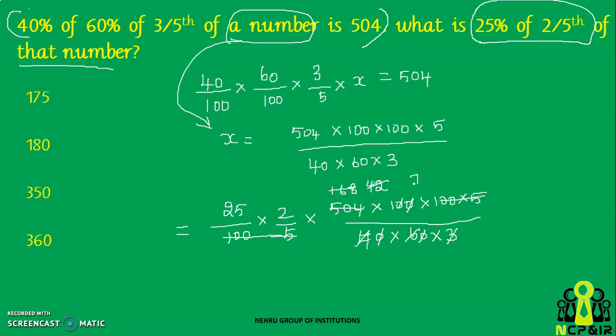This is 7 times. So I think we have eliminated almost everything. So this is 25 into 2 will give me 50, 50 into 7. So these are the remaining numbers: 25, 2 and 7. So 25 into 2 is 50, 50 into 7 will be 350. That will be the correct answer for this.